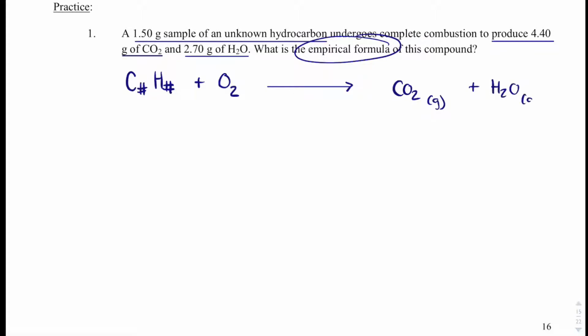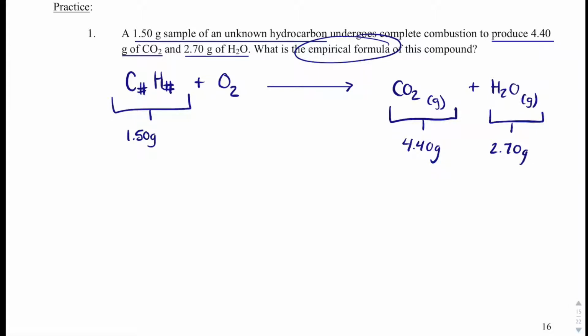And what they tell us is that the mass of my hydrocarbon is 1.50 grams, the mass of my CO2 is 4.40 grams, and the mass of my water is 2.70 grams.